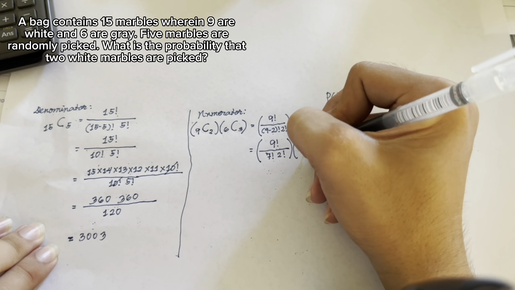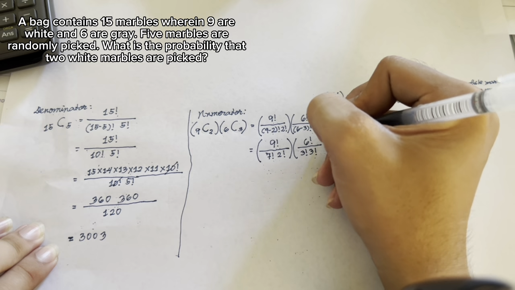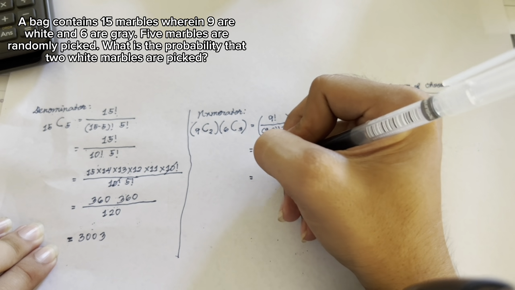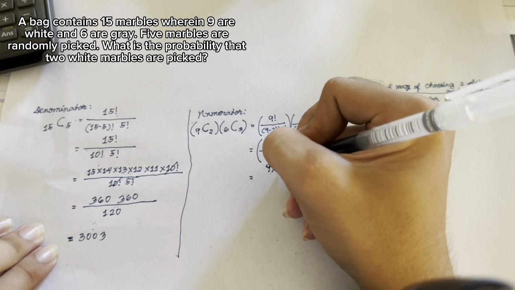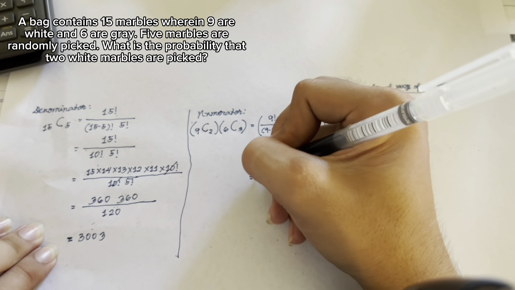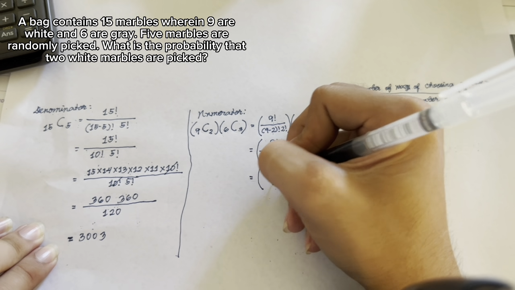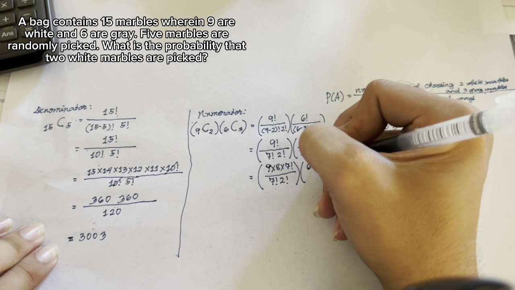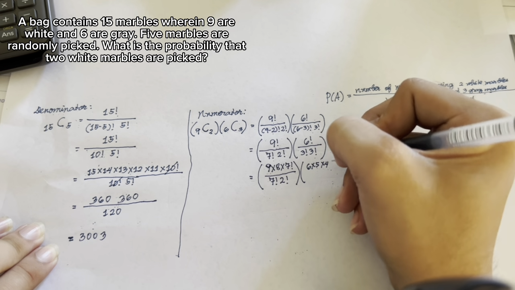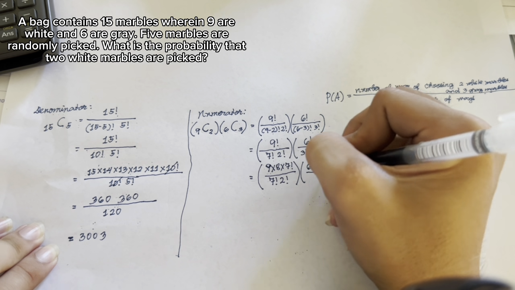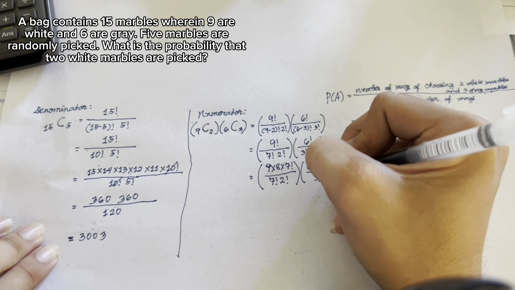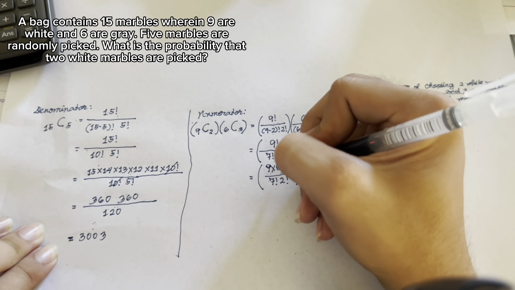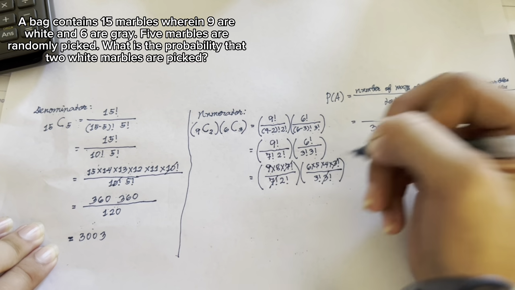Then 6 minus 3 is 3 factorial times 3 factorial. Then the same process, we have here 9 times 8 times 7 factorial over 7 factorial times 2 factorial. For the next one, we have 6 times 5 times 4 times 3 factorial over 3 factorial times 3 factorial. Cancel 7 factorial. Cancel 3 factorial.